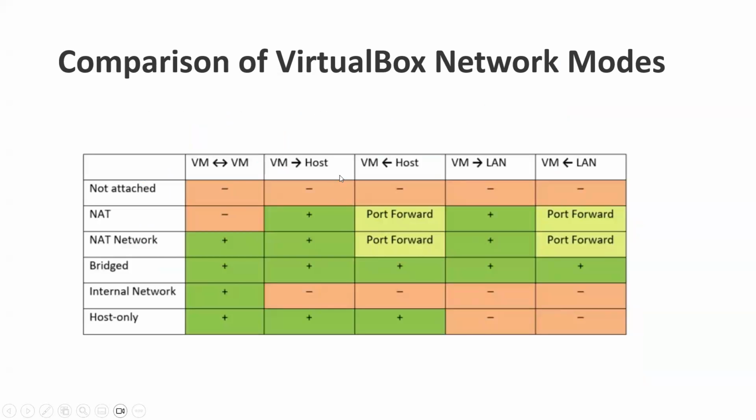So here is the summary of what we have done, for NAT, bridge, and internal network. If you look at bridge, you can access between VM, VM to host, host to VMs, VM to LAN, and LAN to VM. Look at NAT. NAT is also similar to bridge, but you're receiving an address not in the same range as your physical network adapter.